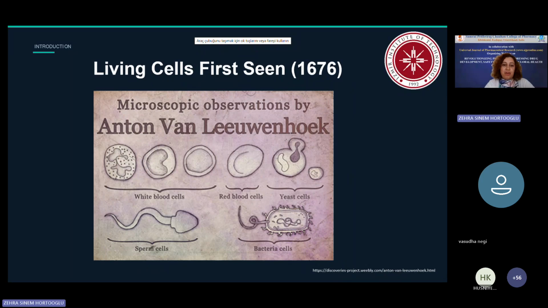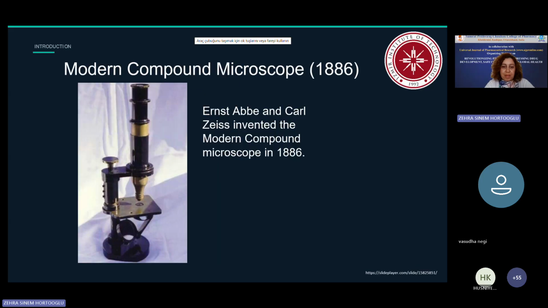Living cells were first seen by Anton van Leeuwenhoek: white blood cells, red blood cells, yeast cells, sperm cells, and bacteria cells. Micrographia is very important for the biological sciences. The modern compound microscope was invented by Ernst Abbe and Carl Zeiss.